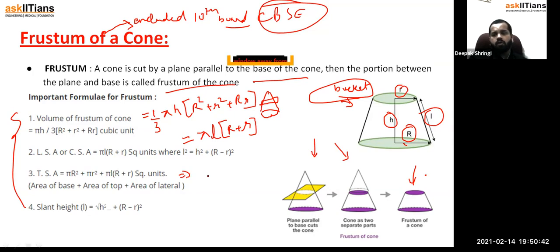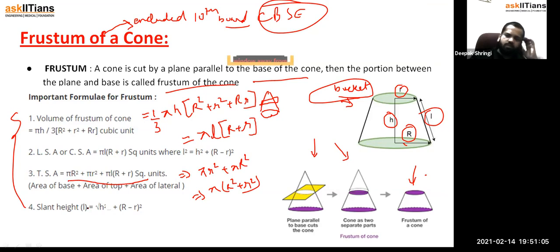But here two bases are there, top one and base one. We have to add individually. So pi of small r square plus pi of capital R square. Just take pi common, r square plus R square, right? Just add between them, you will get the value of TSA. TSA is pi of r square plus R square, plus pi L into R plus r, right? Area of base, area of top, plus area of lateral.